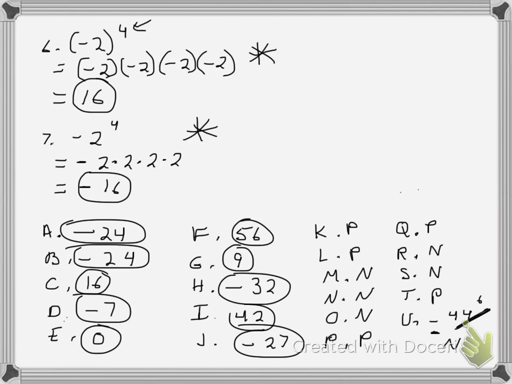So this will be a negative number. And V, I've got the same kind of idea. I've got the negative in front of a number raised to a power. So this will be positive, that's to the 10th power, but this makes it negative. This one will also be negative. Okay?